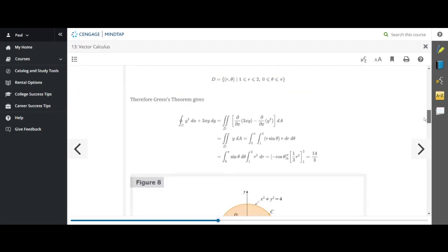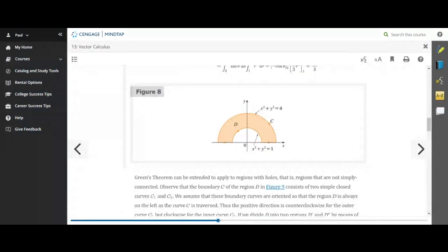Well, here it is in figure 8, and that's clearly not a simple region D, but nevertheless, we can just apply Green's theorem to it. It's absolutely amazing.